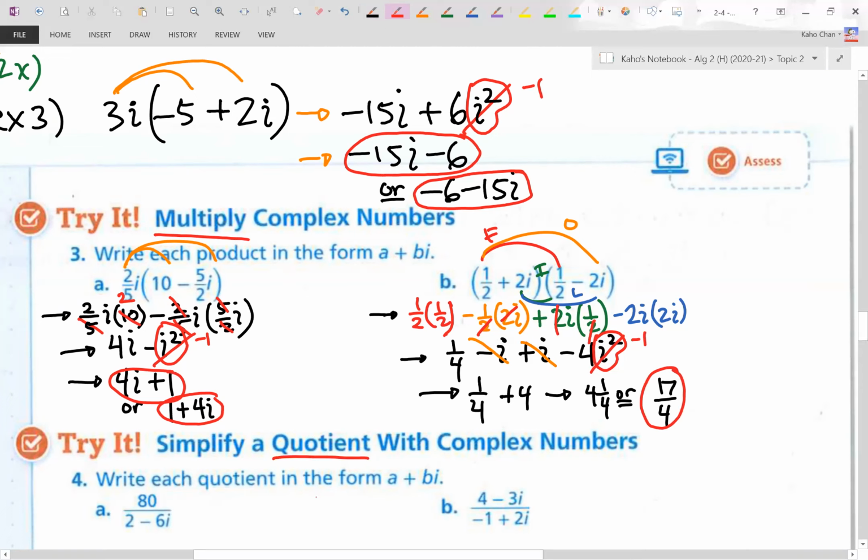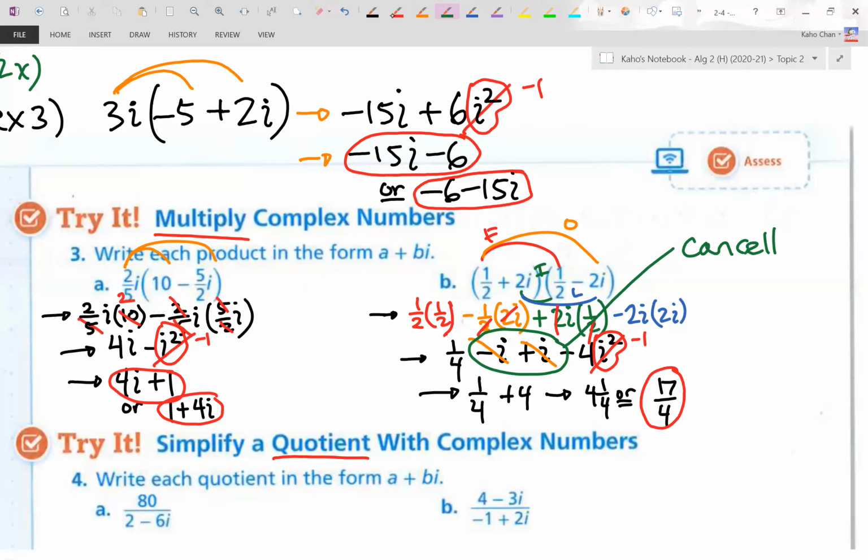What just happened here? When we did FOIL on 3b, the middle terms disappeared. They canceled. Question, why did they cancel?